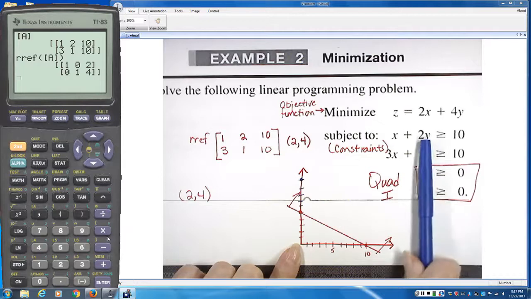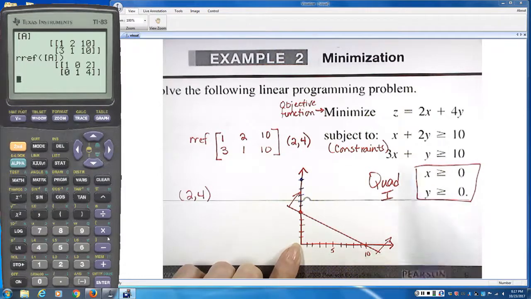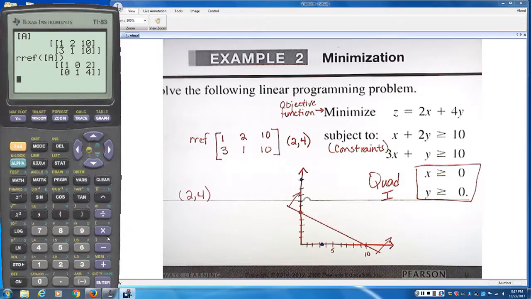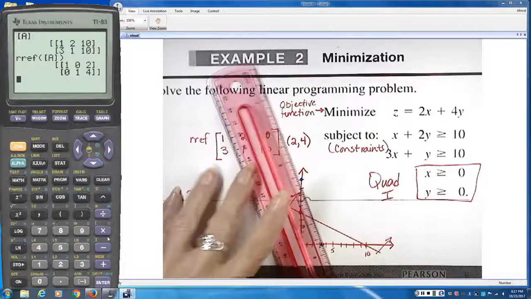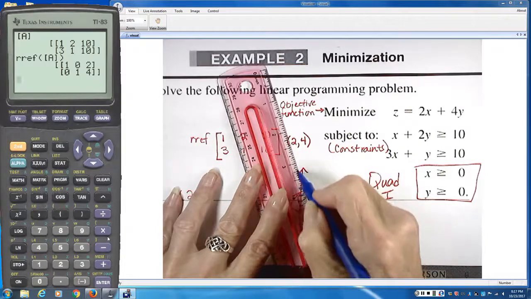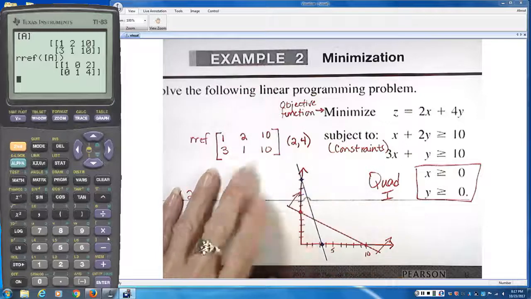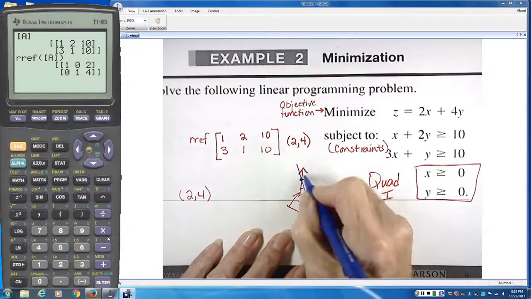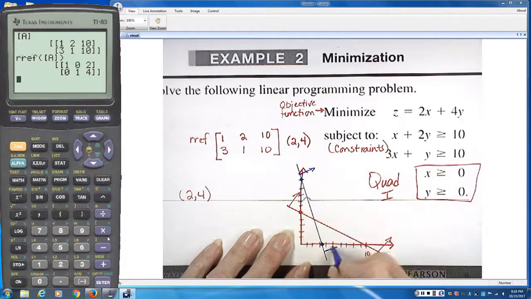And if y is 0, x is about 3 1/3, 10/3. So about right there. And again, 0 is equal to or greater than 10 is not true. So I'm going that direction.